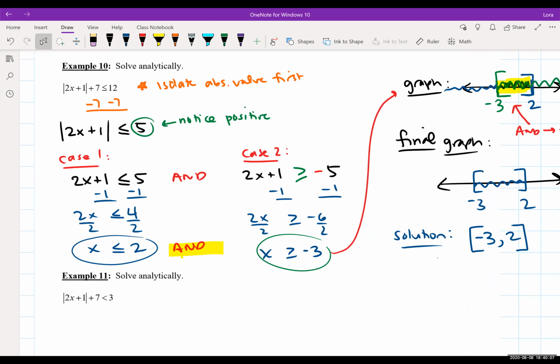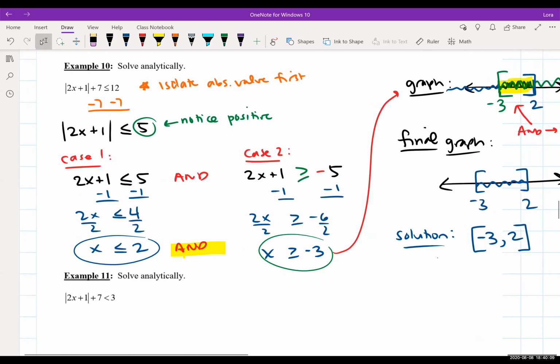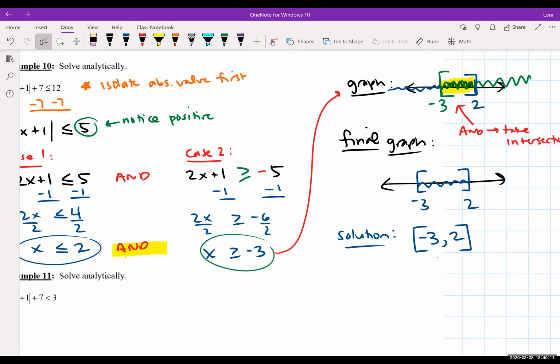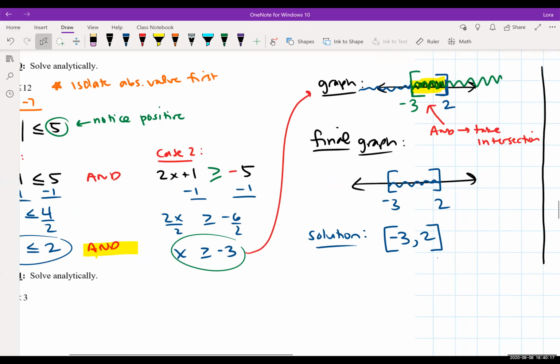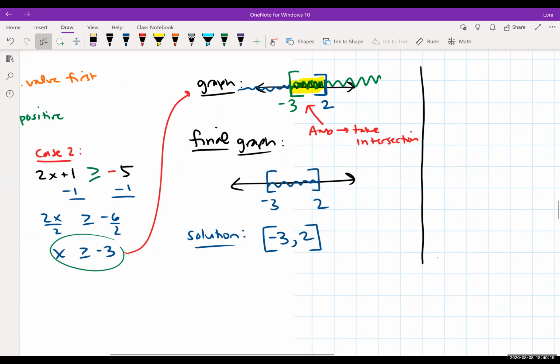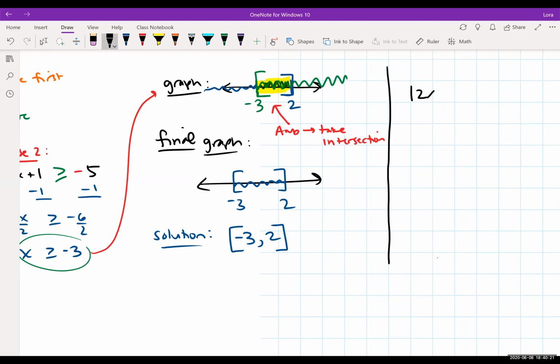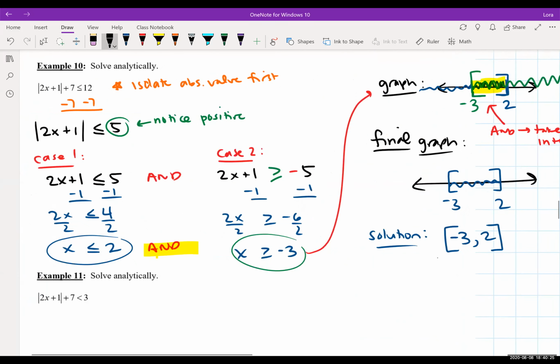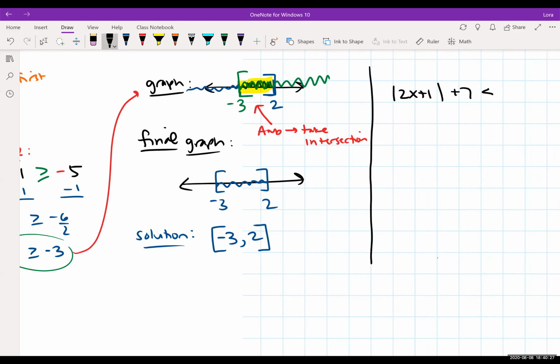I always prefer my first technique first because you really can tell what the solution is based on what your graph is. So you don't always have to memorize every special little thing. But for those of you that are excited about this, let me write this down one more time. Absolute value of 2x plus 1, plus 7 less than or equal to 12. So one more method.